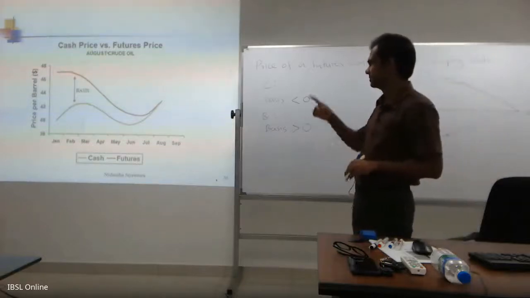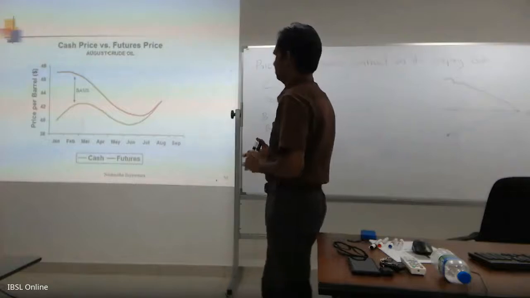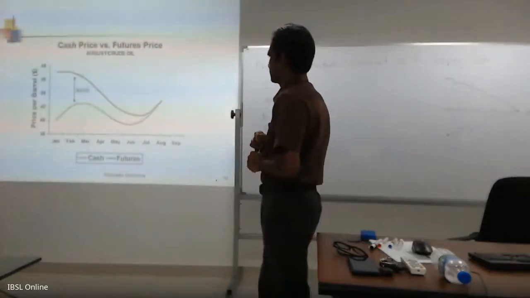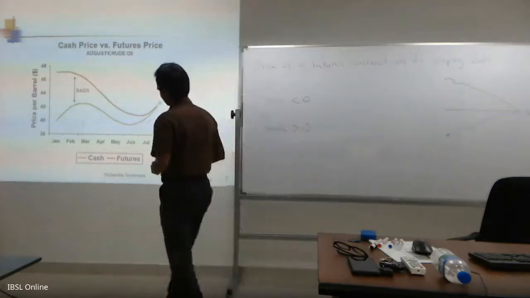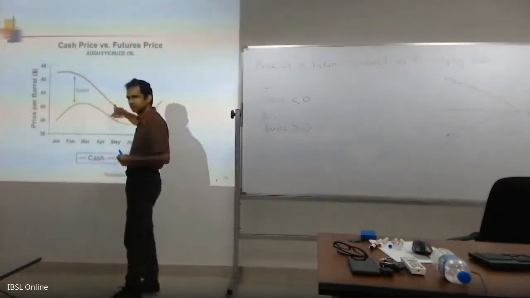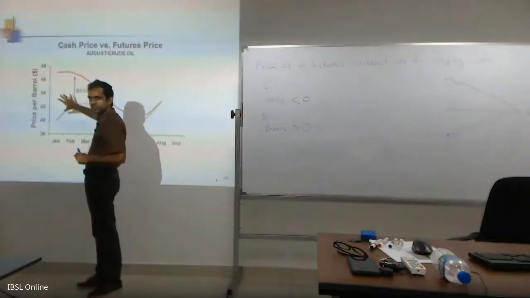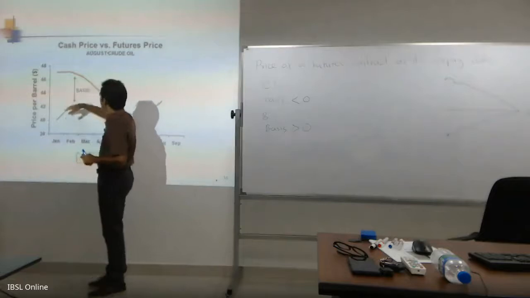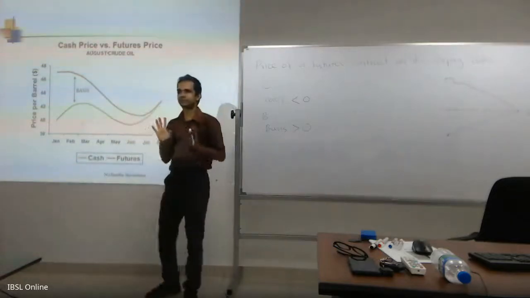So this is the graphical representation. This is cash price. This is futures price. The difference is basis. With time, cash price and the futures price may behave differently.